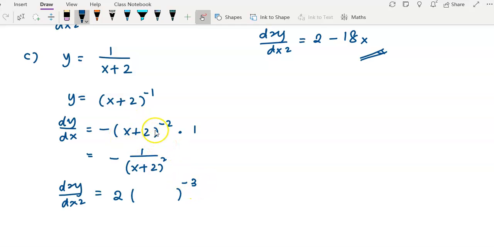And this is the inner function, x plus 2, just copy it down without changing anything. And multiply by, now it's a turn to differentiate the inner function, x plus 2. Differentiate x plus 2, you get 1 again. So simplified, you will have 2 over x plus 2 to the power of 3. So this is your d2y dx2.